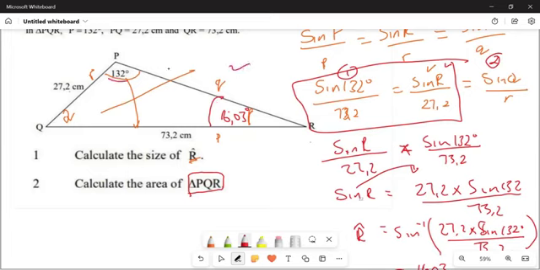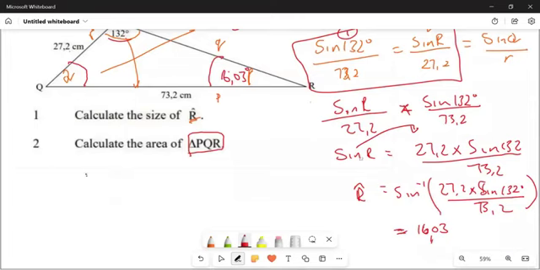We can't use P because we also don't know what Q is. So we can only use angle Q. The area of triangle PQR is going to be given as half multiplied by P multiplied by R.